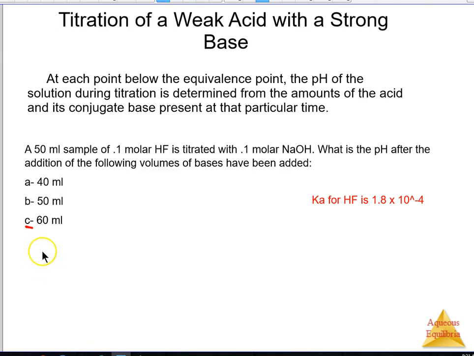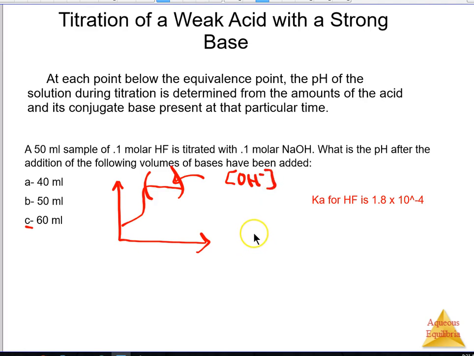The reason why part C isn't bad is because now we're here, and if we're here, that means we just have excess OH minus. All right, if we have excess OH minus, it really doesn't matter what else we have because it will dominate the pH math by a mile.